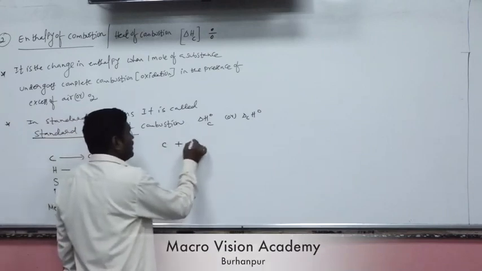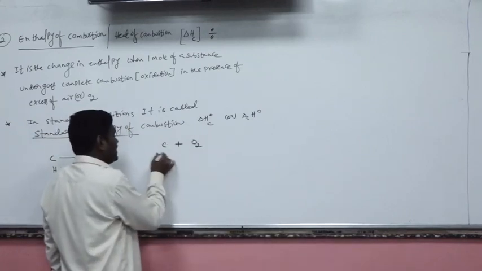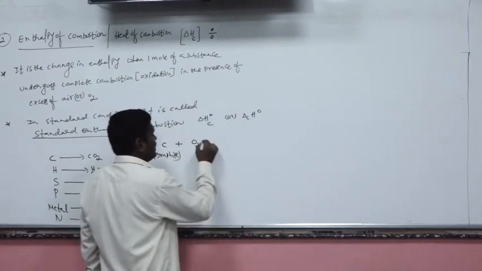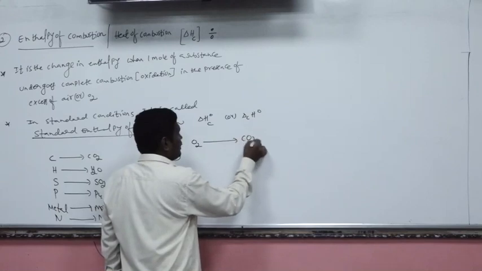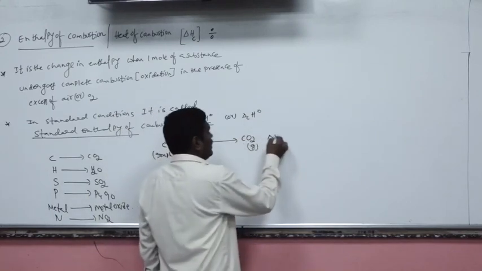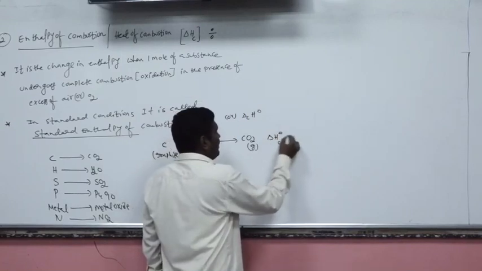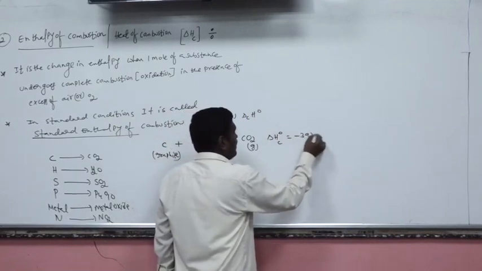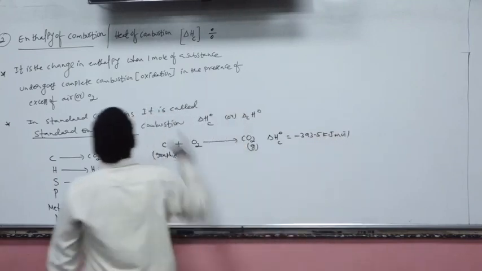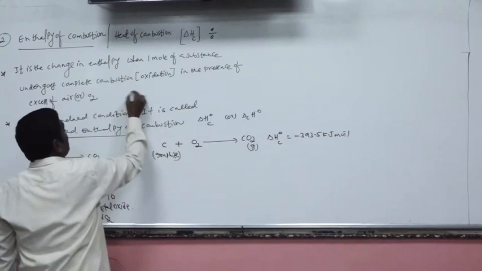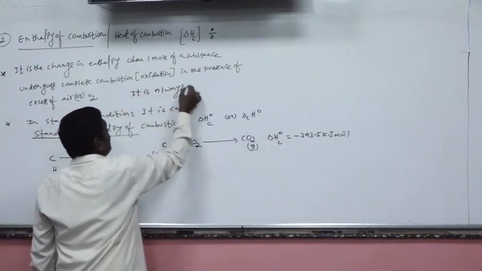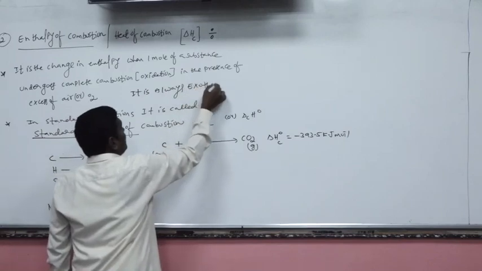Suppose carbon, that is in the standard state graphite, undergoes oxidation with oxygen to give carbon dioxide. In this reaction, the standard enthalpy of combustion is minus 393.5 kilojoule per mole. Remember, enthalpy of combustion is always exothermic.